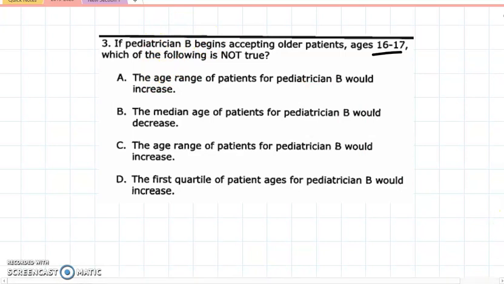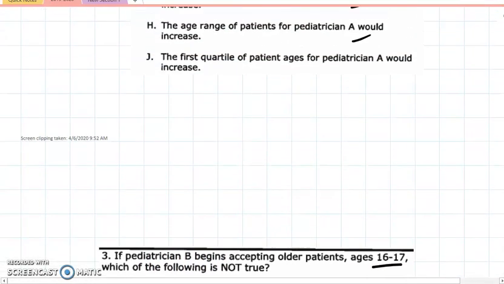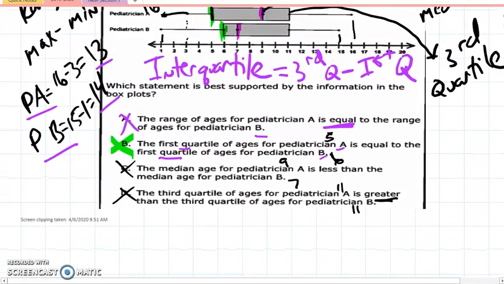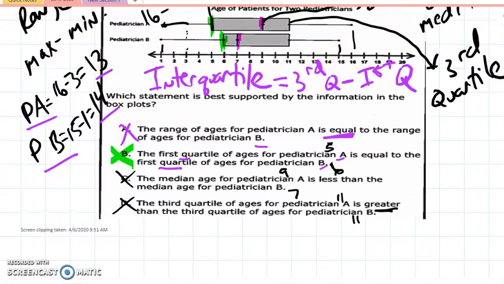Again, we go back to the graph. The range for pediatrician B is going to have patients all the way over here, so this is going to extend more this way. What happens to his range? Well, his range was 14 because it was 15 minus 1.